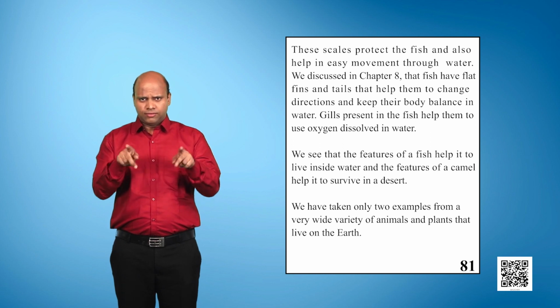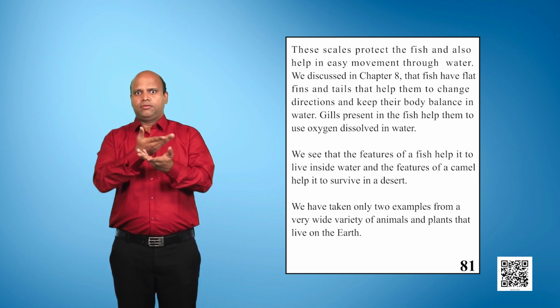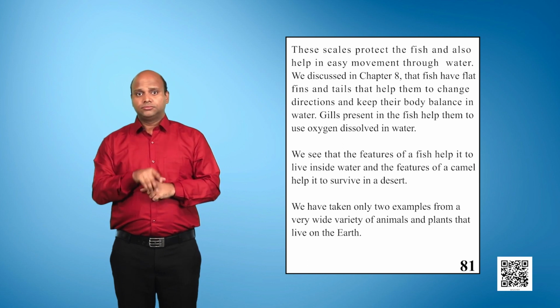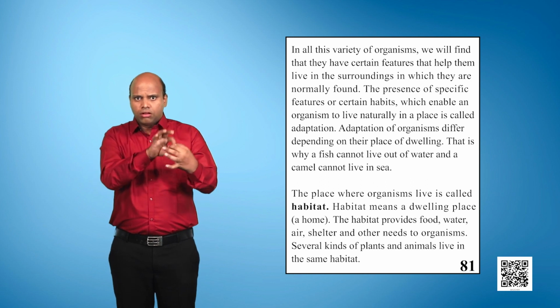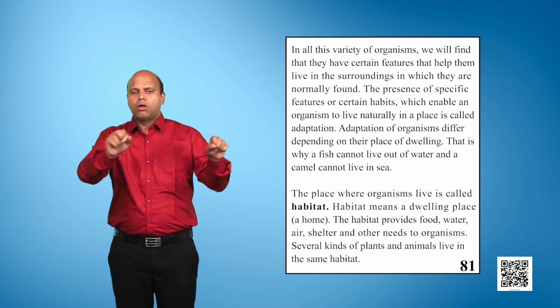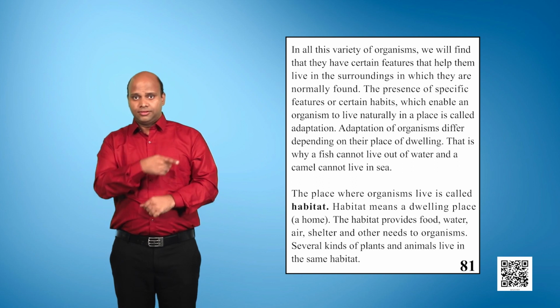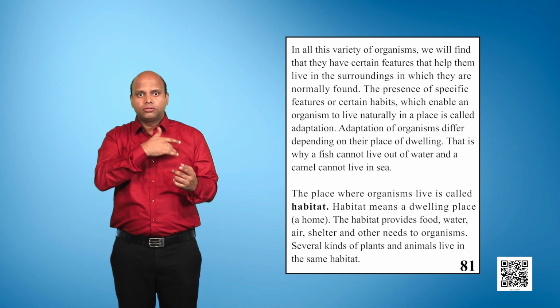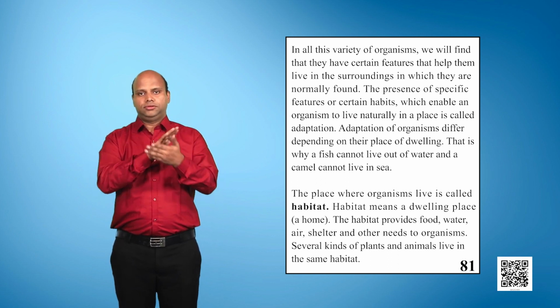We have taken only 2 examples from a very wide variety of animals and plants that live on the earth. In all this variety of organisms, we will find that they have certain features that help them live in the surroundings in which they are normally found.